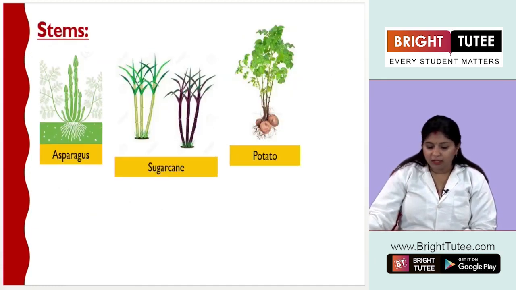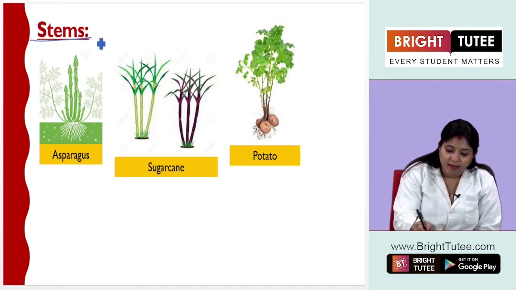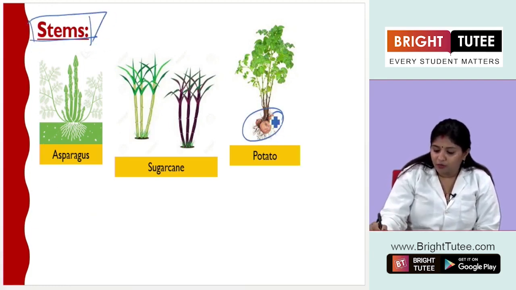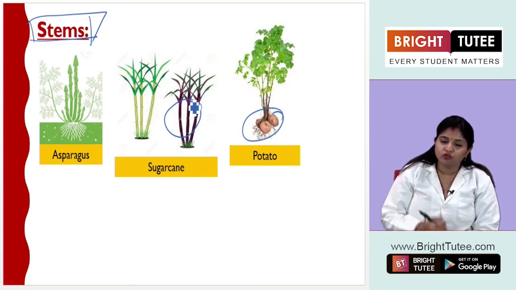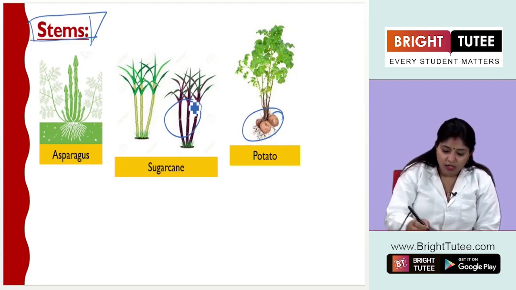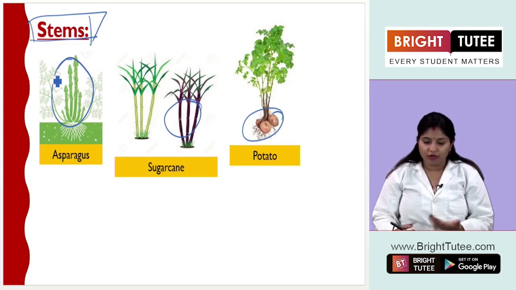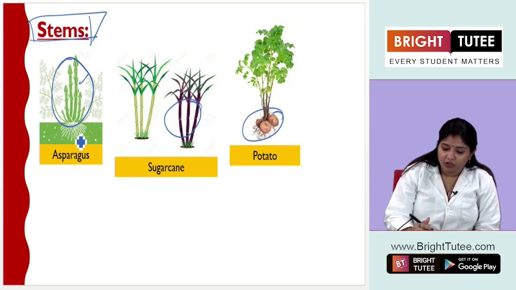Moving on, the other part that we utilize for eating is the stem of a particular plant. What are those? We eat potato, we use sugar cane for taking out juice and making sugar. Then we eat asparagus as salad, also in different kinds of curries. So asparagus again is a stem of that particular plant.